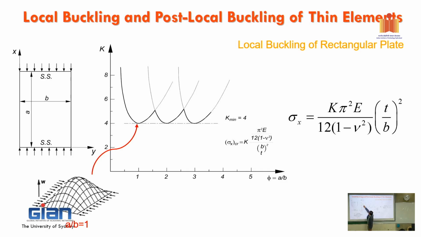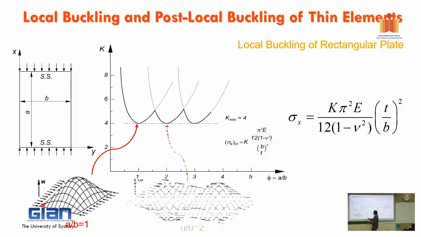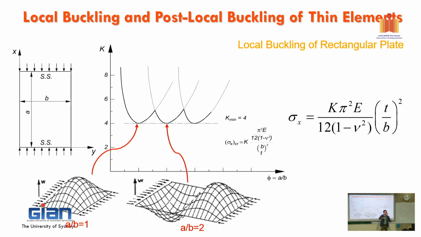You can see that K is dropping down to the minimum, and that minimum case is 4 for purely compressive load on the plate with four edges simply supported. And when you increase to 1.2, 1.3, it goes up.